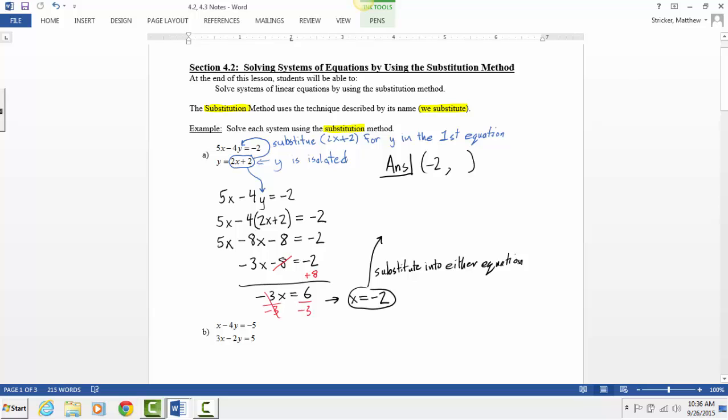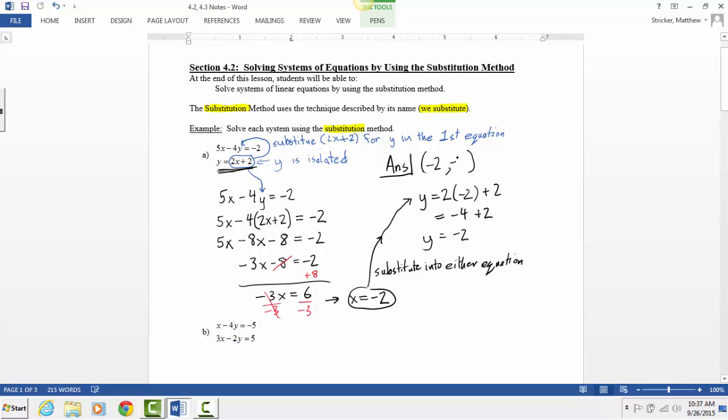And I usually like to pick the one that's going to be easiest, and because y is already isolated in the second equation, I'm going to substitute into the second equation. So when I plug into the second equation, I'm going to have y equals 2 times x, but x is -2. Remember, we're using this equation right here. Plus 2. This is -4 plus 2. -4 plus 2 is -2. So I get y equals -2.